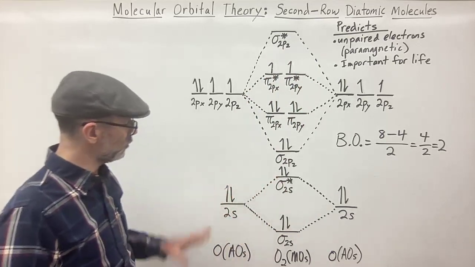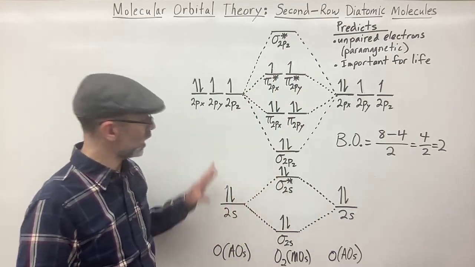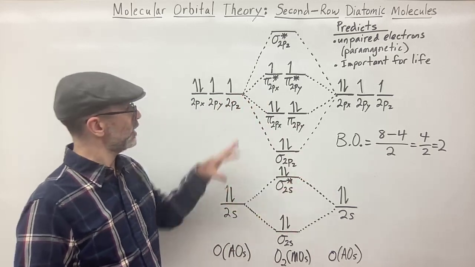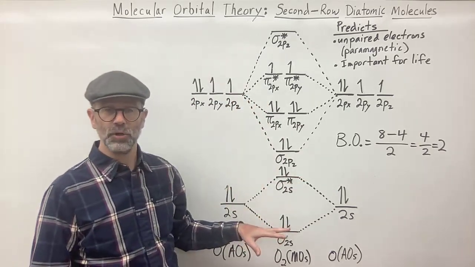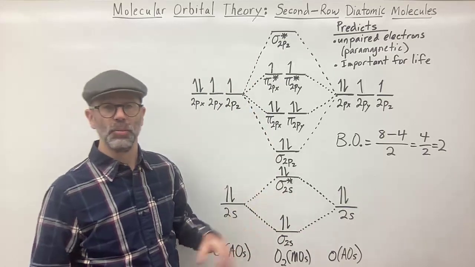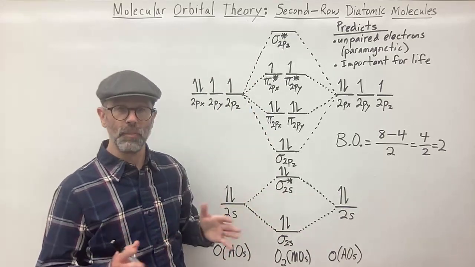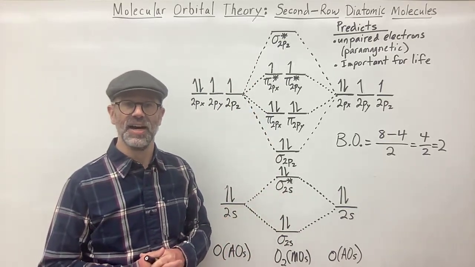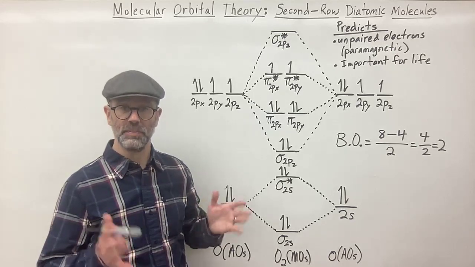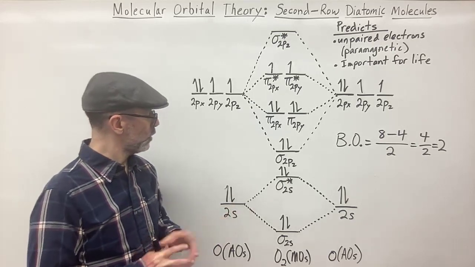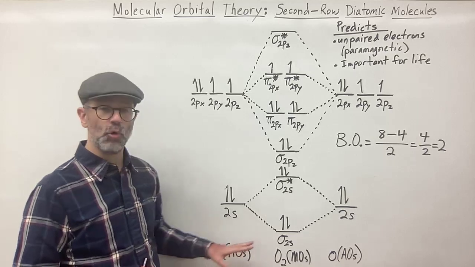Okay, so the other thing I want to talk about lastly is the ordering of the molecular orbitals. This ordering of molecular orbitals is not the same for all of the period 2 elements. We looked at oxygen and fluorine.